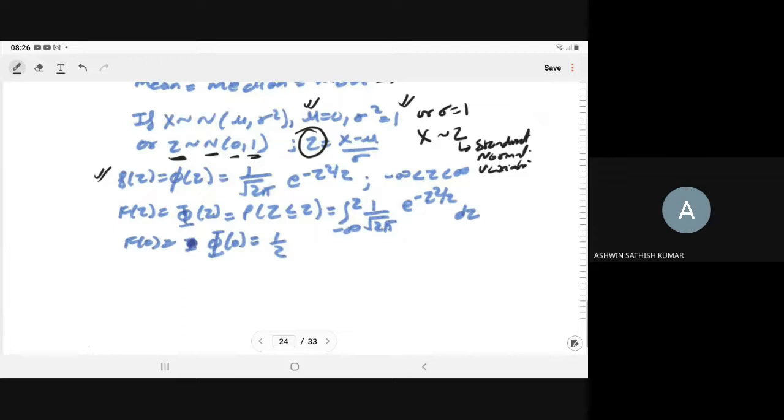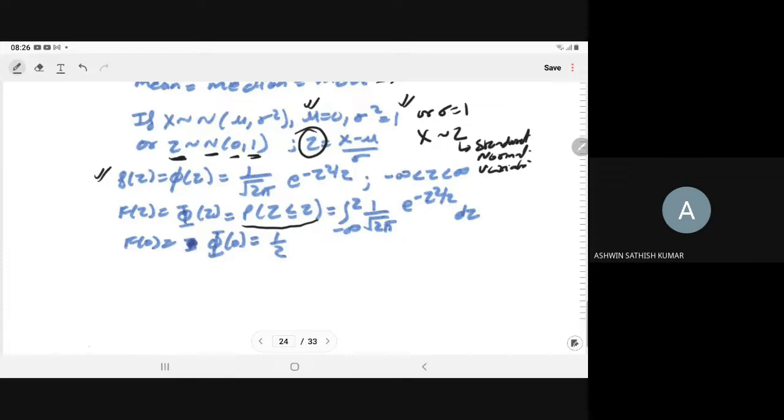1 upon square root of 2 pi e to power minus z square by 2, where z varies from minus infinity to infinity. Its CDF we denote by the capital F(z), and for the standard normal variate we denote it as capital phi(z), that is the accumulation of the probability up to that point.